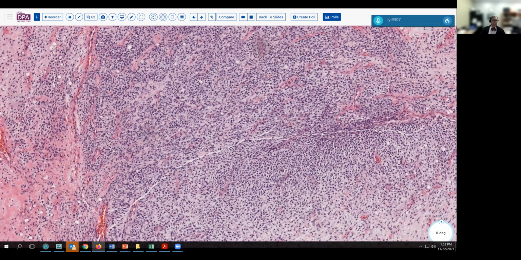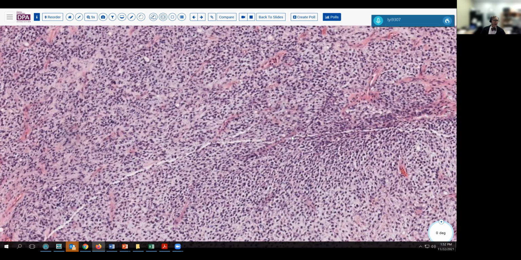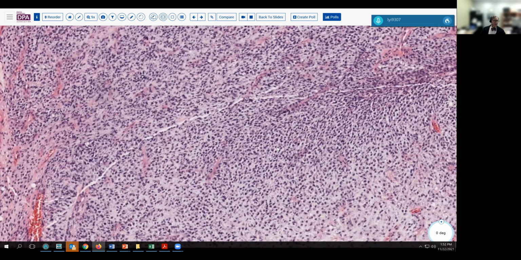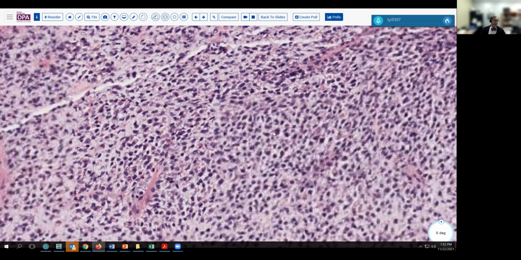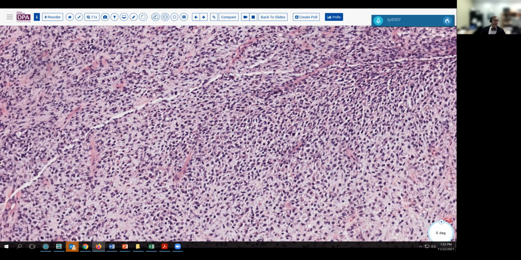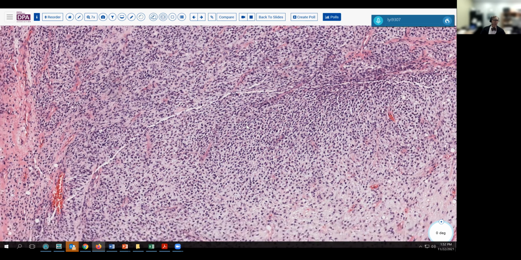And even as we come to higher magnification, these cells are relatively monotonous. They're kind of small blue cells, scant cytoplasm, very dark hyperchromatic nuclei. These are the round cell component and what led to the name round cell sarcoma.